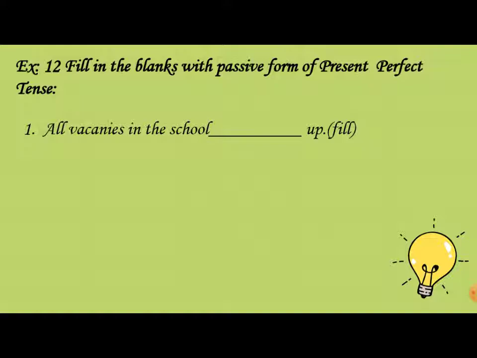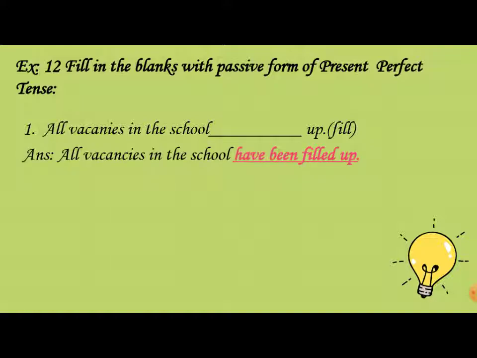So what is the structure? Has, have plus been plus past participle form. So you have to insert a helping verb has, have. All vacancies is a plural noun, so you will use the word have. So the answer is all vacancies in the school have been filled up.